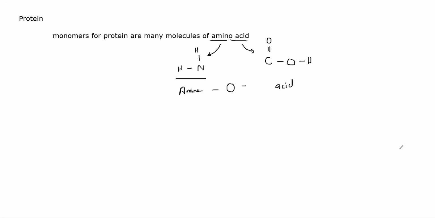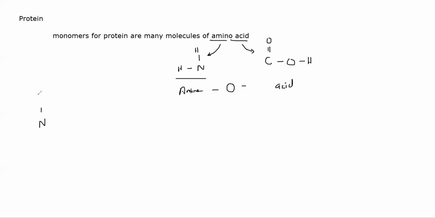So the first one is the amino acid. What is amino acid? It's the building block of protein. Protein is actually formed by many molecules of amino acid. If a molecule contains an amine group and a carboxylic acid, we call it an amino acid. So if we draw the monomer, the amine group is there.